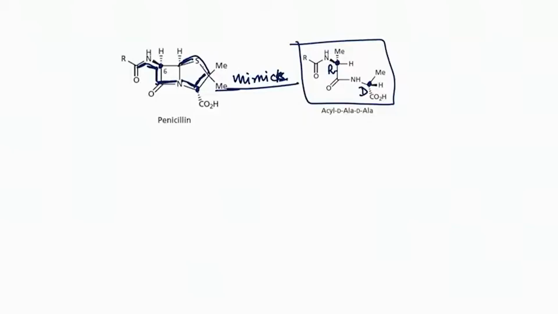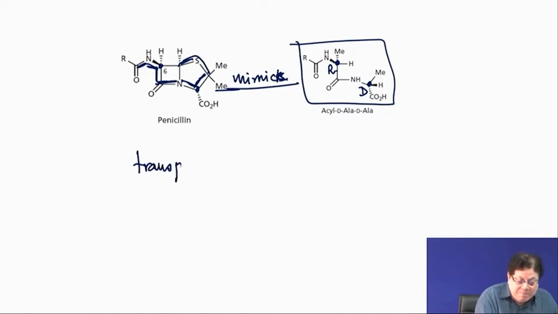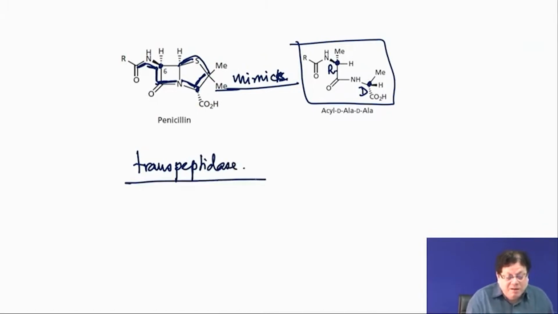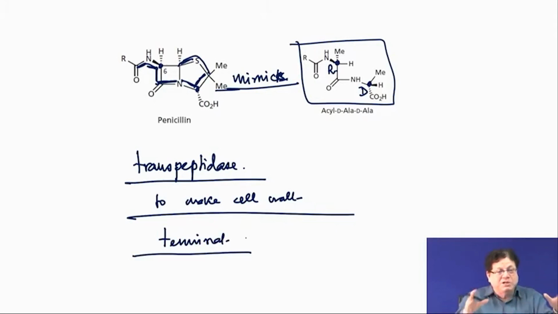Of course, D-alanine must be having different types of conformation, but in one conformation you see that it resembles the penicillin. So, now in short, what is the mechanism of action of penicillin? It is a transpeptidase inhibitor. What is transpeptidase? Transpeptidase is an indispensable enzyme to make cell wall. The terminal step, again I repeat, the bacteria has made the premature cell wall.